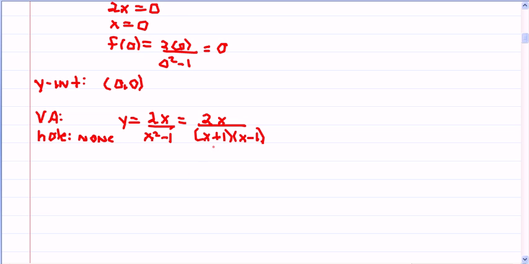So I just take the two factors in the denominator, x plus 1, set it equal to 0, and x minus 1, set it equal to 0, and I get x equals negative 1 and x equals positive 1. So the equations of the vertical asymptotes are x equals plus or minus 1.